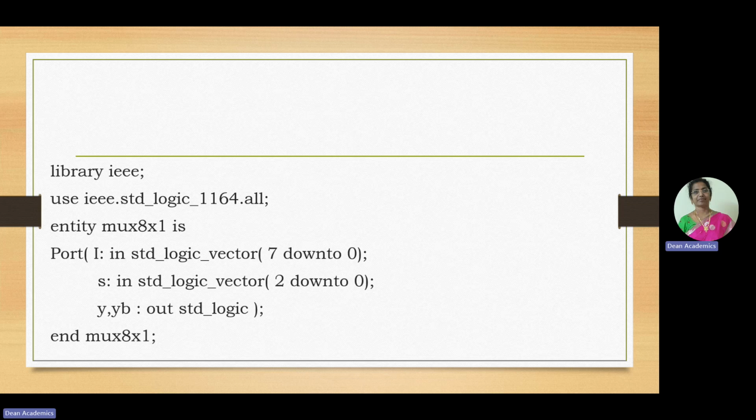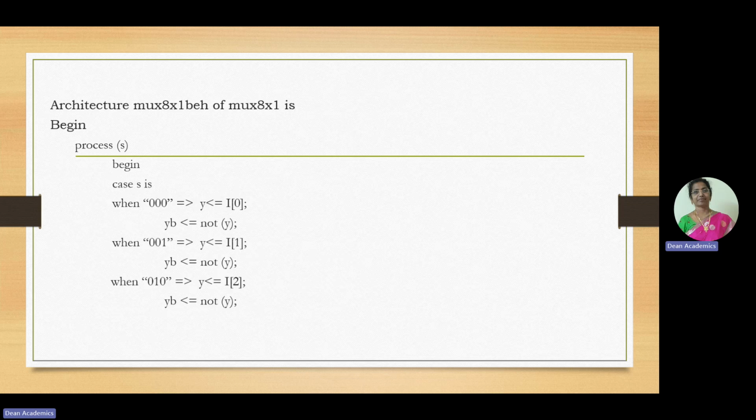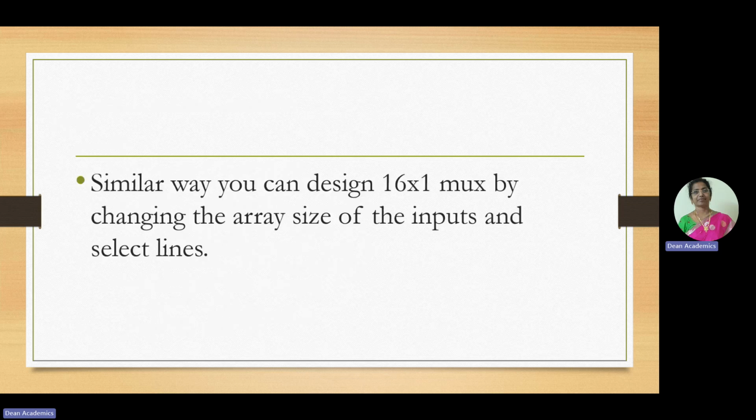For a 16 by 1 multiplexer, you just write I as an input port with standard logic vector 15 down to 0, because 16 inputs are there, and 2 power 4 input lines, so n is 4 here, so 4 select lines are required, so S is standard logic vector 3 down to 0. Of course, Y is a single bit. So with these small modifications, you can write a VHDL program for any size multiplexer.